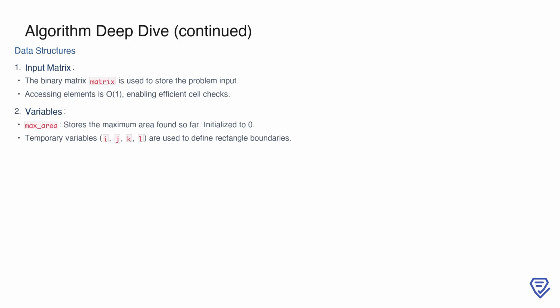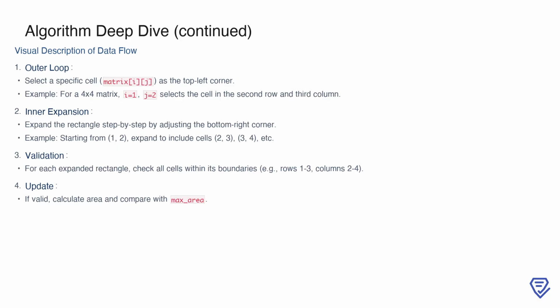To visualize the data flow, consider the outer loop, which selects a specific cell as the top left corner. For example, in a 4x4 matrix, choosing i equals 1 and j equals 2 selects the cell in the second row and third column. From this starting point, the rectangle is expanded step by step by adjusting the bottom right corner.